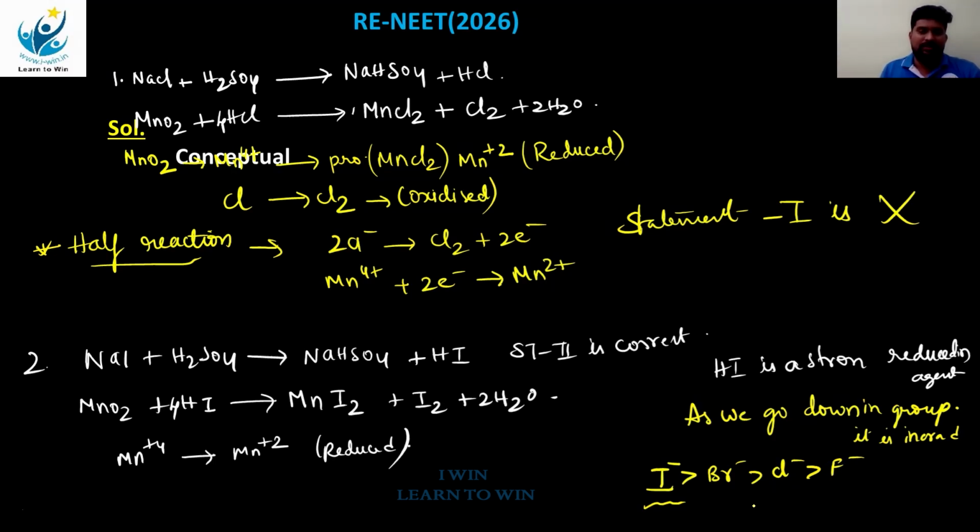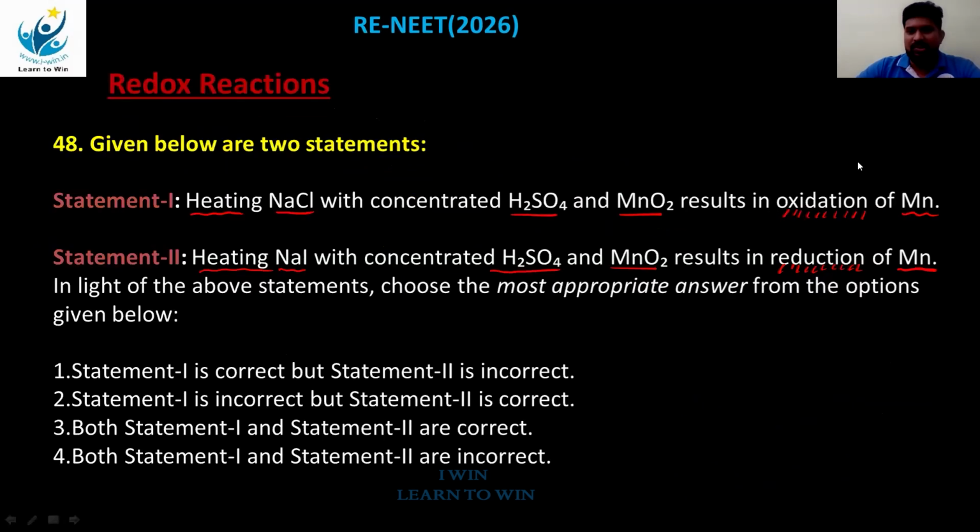So we have proved that statement 1 is wrong and statement 2 is correct, because statement 1 says manganese is oxidized, but in this case it is not happening. It is reduced. Both cases are reduced, but the first statement clearly says it is oxidation.